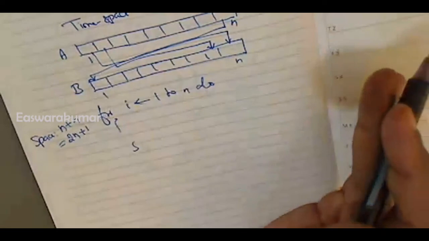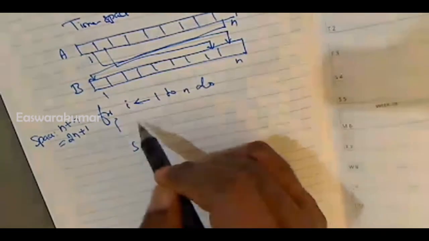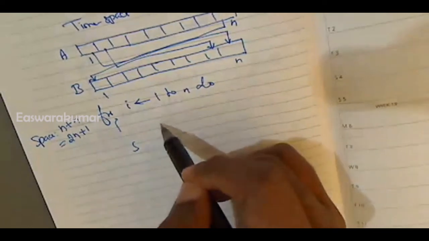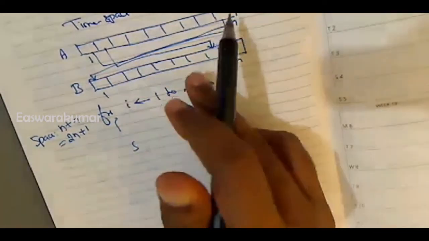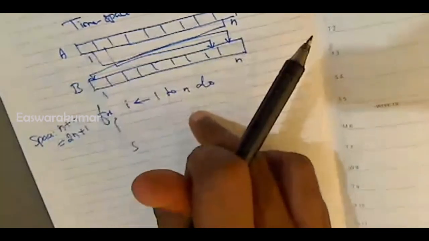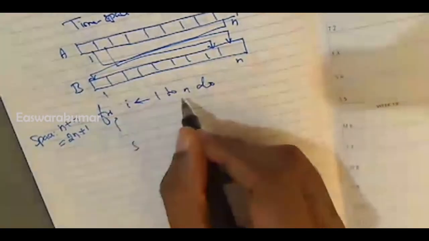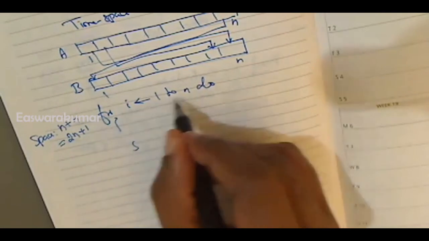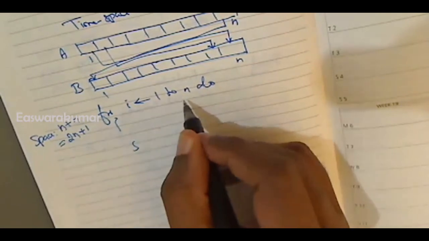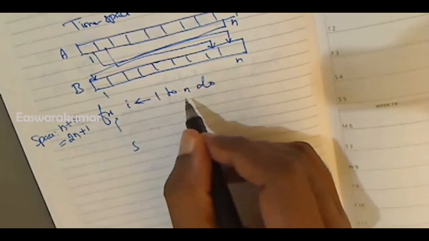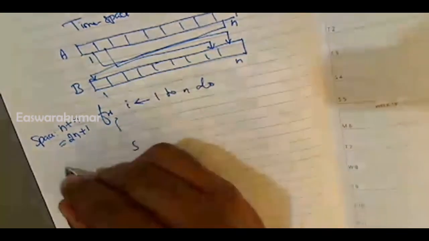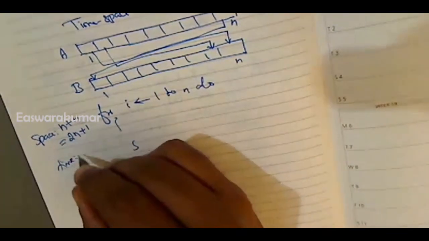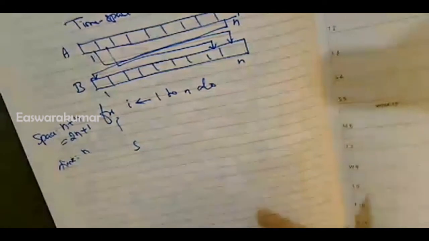For each read and write, the statements are available here, and the number of iterations can be determined based on the range of the variable I. So there are n iterations, which means the algorithm will take n units of time.